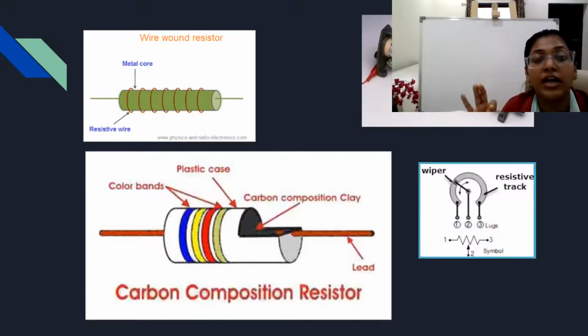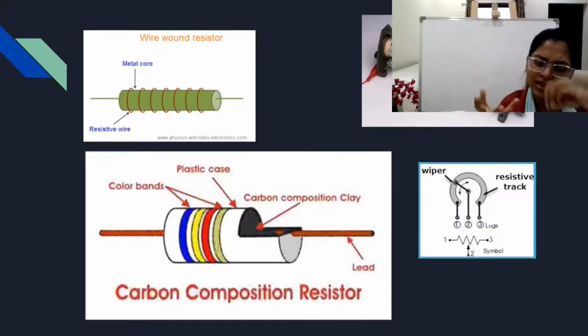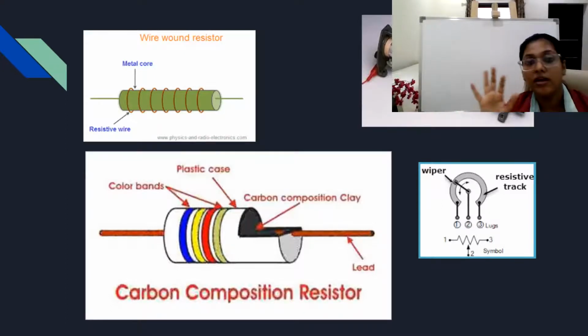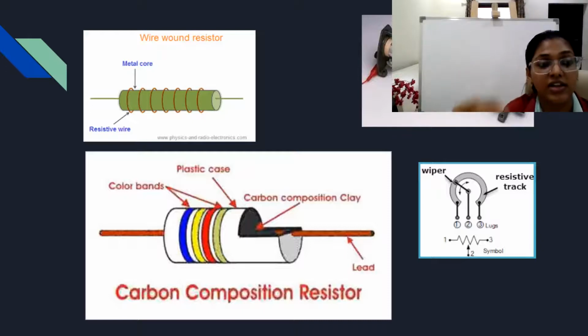Then nobody is going to tell you in detail how to find out its value and so on. You should know now. In the first year they do explain, but this color coding is an advantage to learn now in class 11. Keep it in mind. Okay.